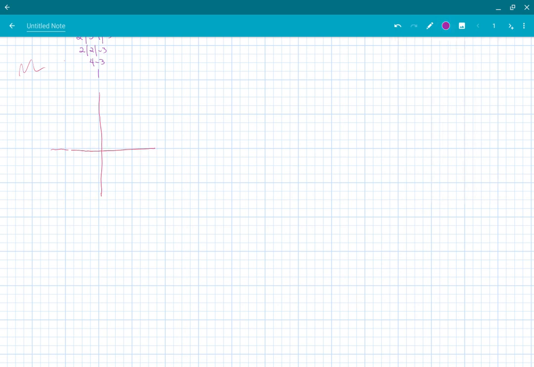So 1, -3. 1, 2, 3. And the steps were 2, 1. Same size. And also the same as the other way, right? 2, 1. Same size.